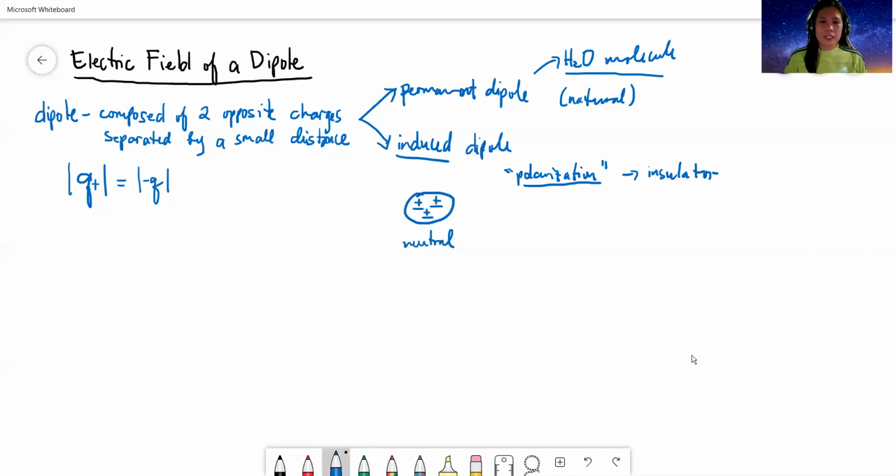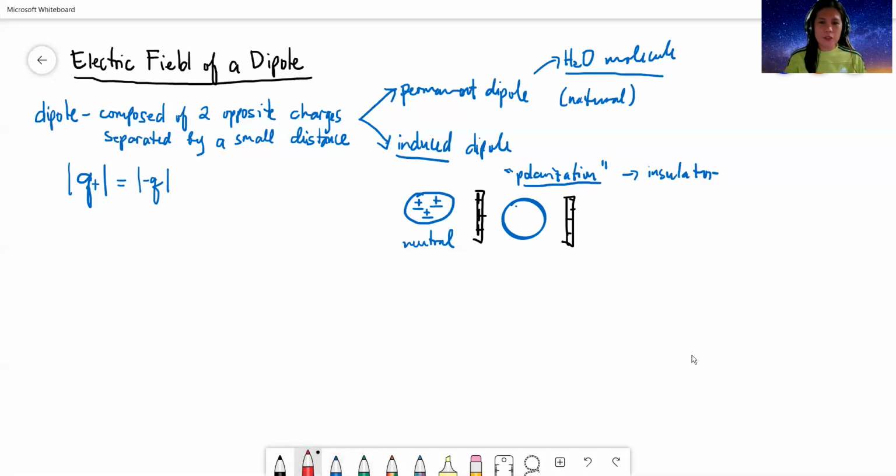So if there is an existing electric field, for example, let's say we have a parallel plate capacitor, this is the positive plate, and this one's the negative plate. If we put our neutral particle here, then we know that the electric field goes from positive towards negative.